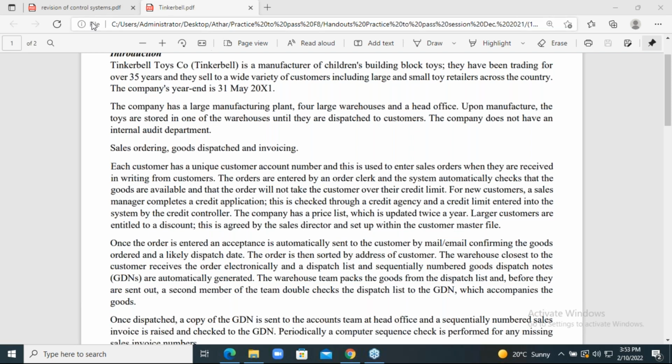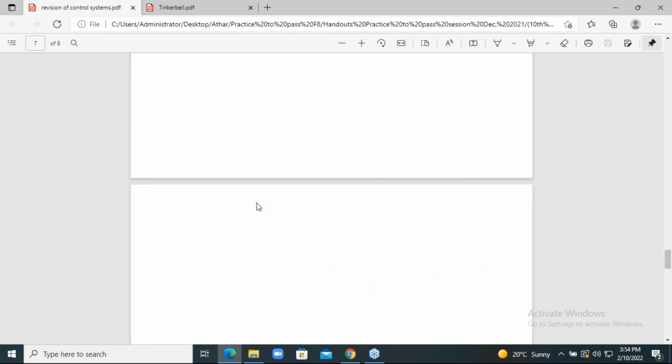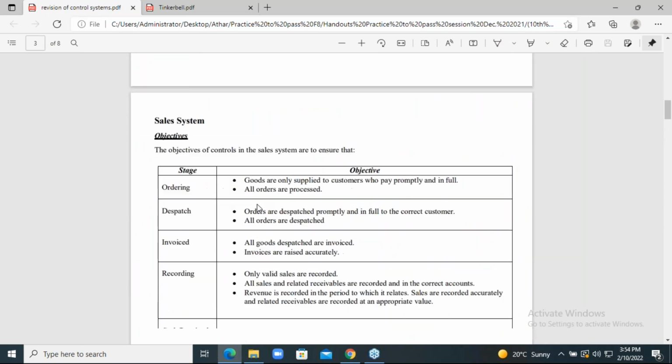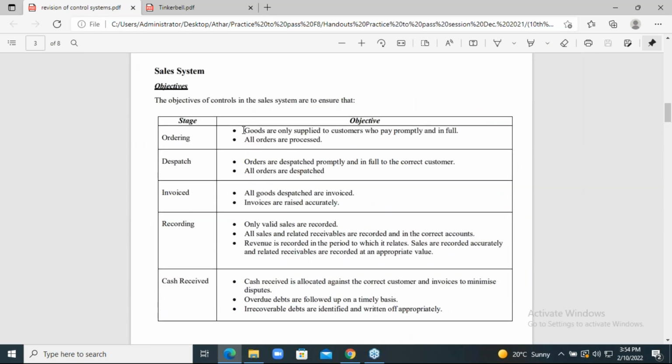Now the reason behind it is that we studied in sales system that goods are only supplied to customers who pay promptly and in full.